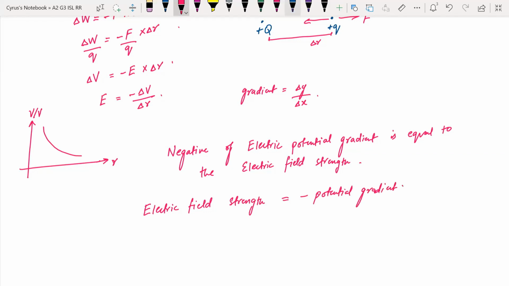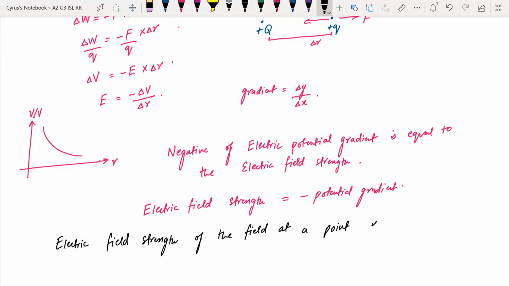I'm going to write it in words here, that electric field strength of the field at a point is equal to the negative of electric potential gradient.